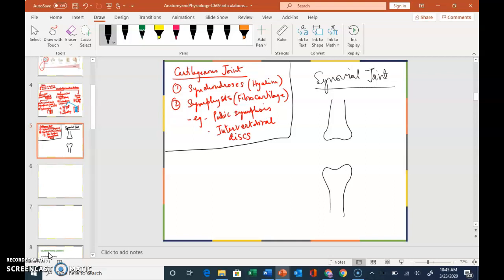And each bone has a piece of articular cartilage. So this is articular cartilage. Okay. Now, hold on, I have to change color.